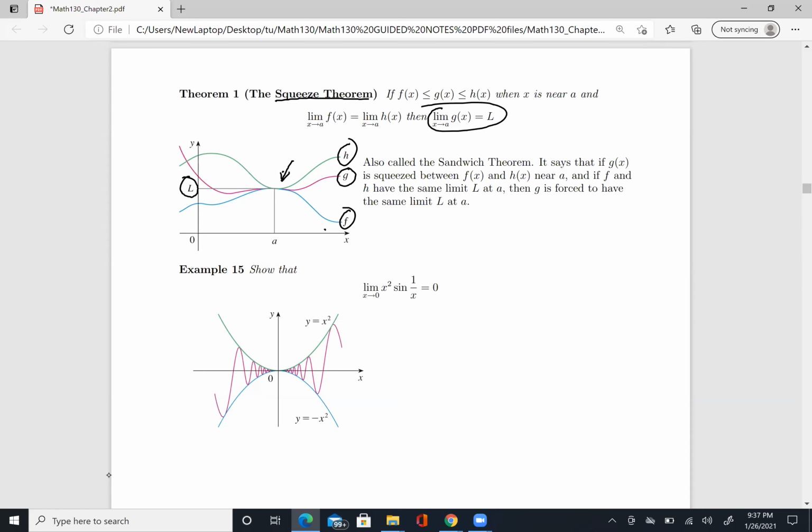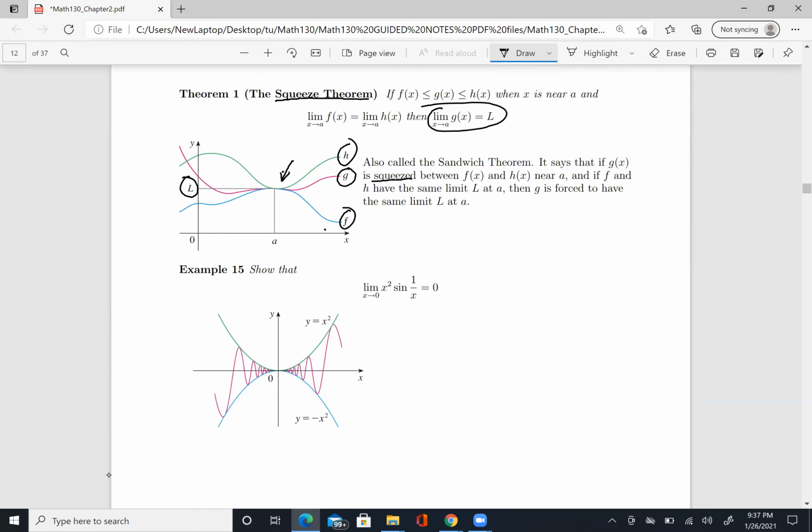This is also called the Sandwich theorem, and it says that if g of x is squeezed between f of x and h of x near a, and if f and h have the same limit L at a, then g has to be forced to have the same limit L at a.